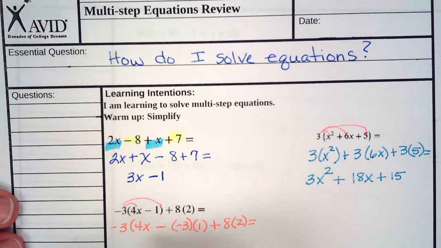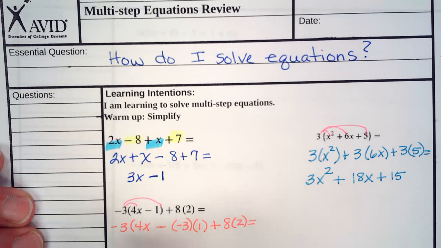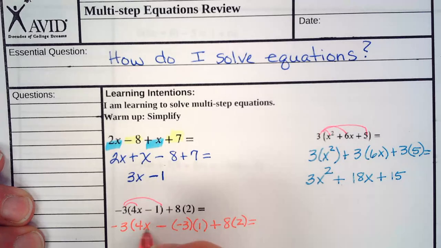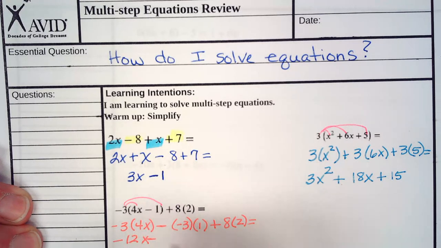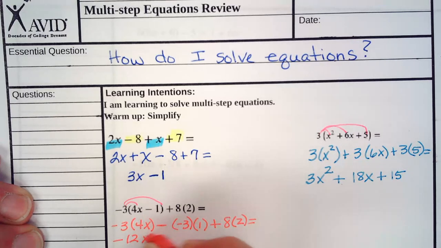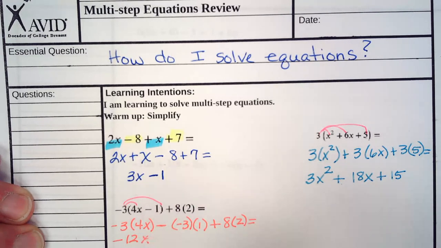As I'm distributing, this should be in parentheses, negative 3 times 4 is negative 12, followed by the x, minus negative 3 times 1 is negative 3, plus 8 times 2 is 16.